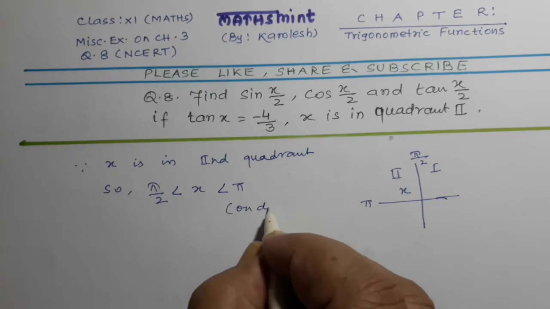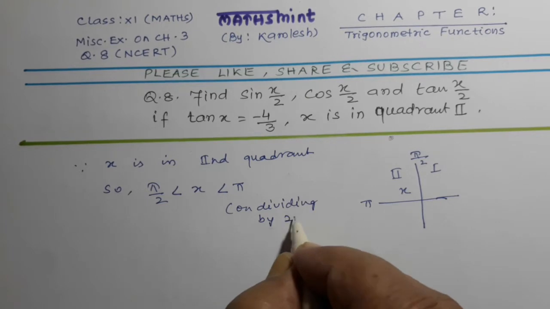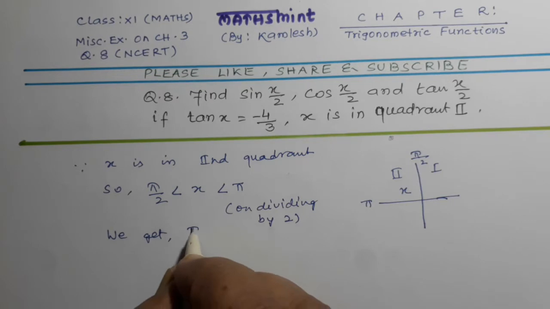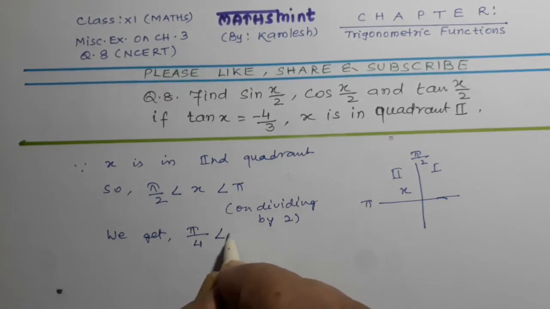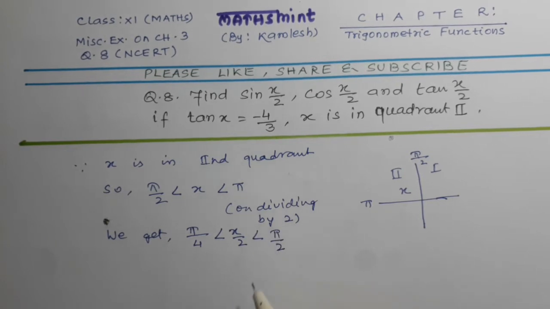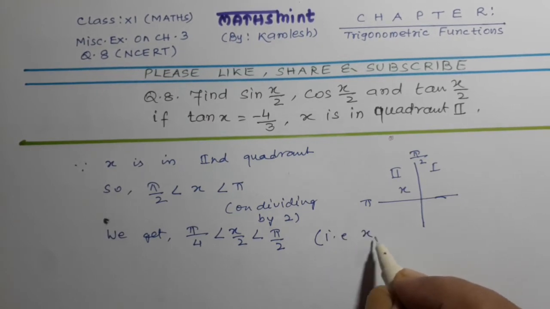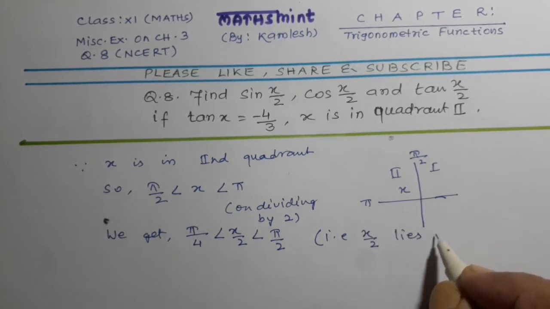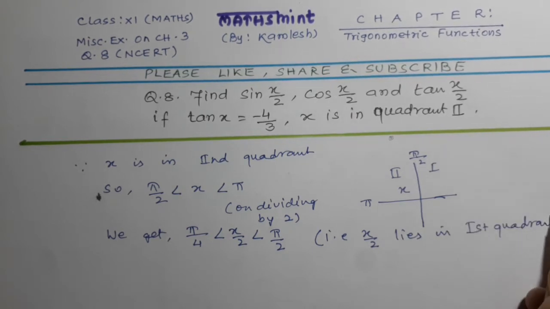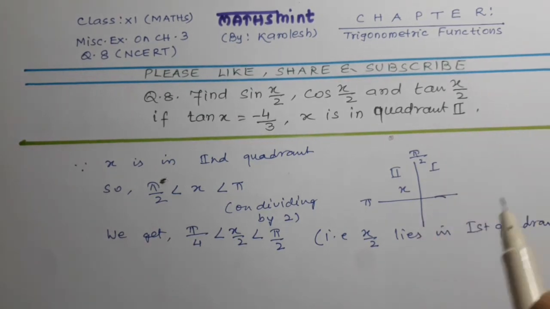On dividing by 2 we get pi by 4 is smaller than x by 2 is smaller than pi by 2, right? This means that x by 2 lies in first quadrant, and in first quadrant all trigonometric functions are positive, right?